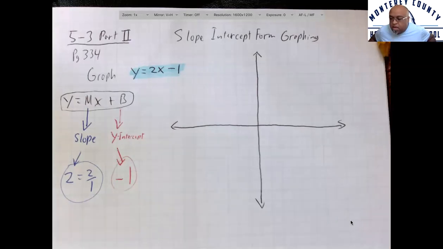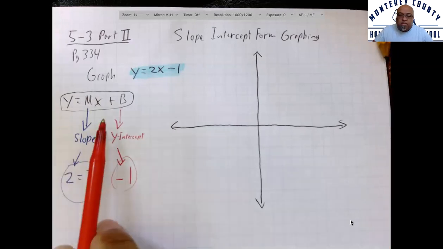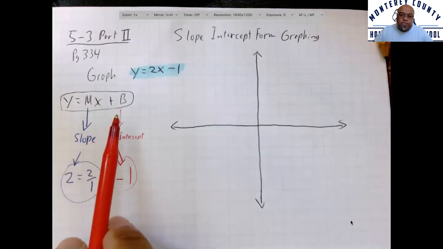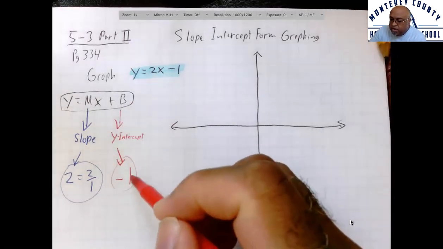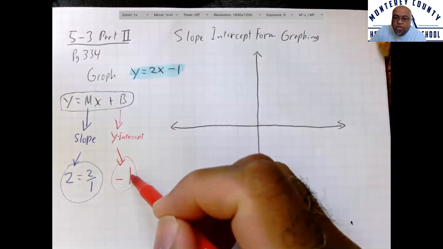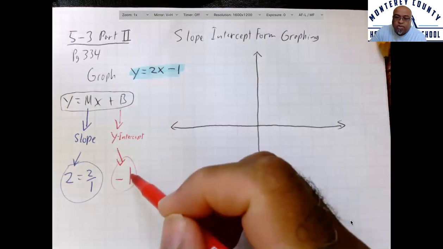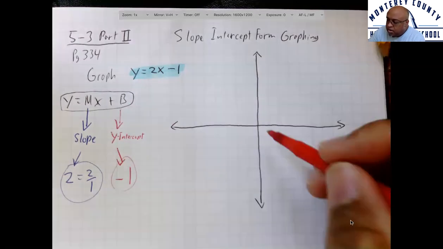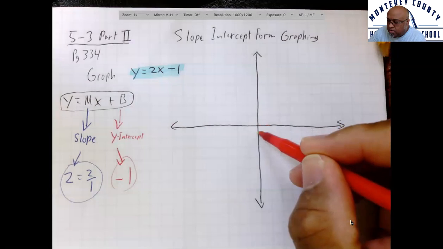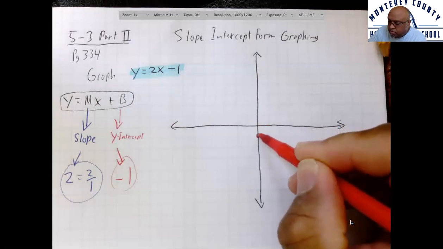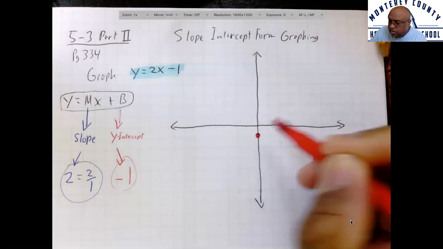Okay. So the first thing I want to start with is the end. As they say, the last will be first. So the last part of it, b, is my y-intercept, -1. So -1, the y-intercept, is the point where it crosses the y-axis. So I start at 0, 0, and I go down to -1, and I make a point there.